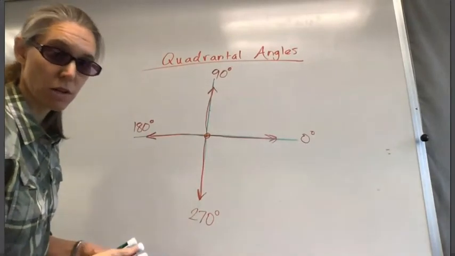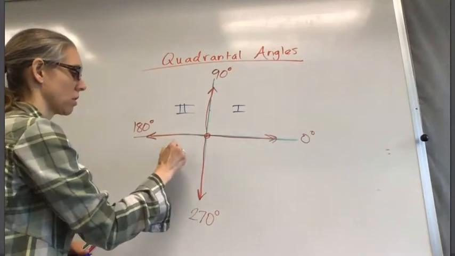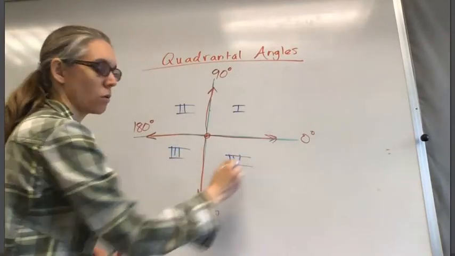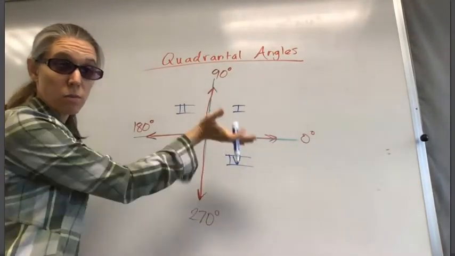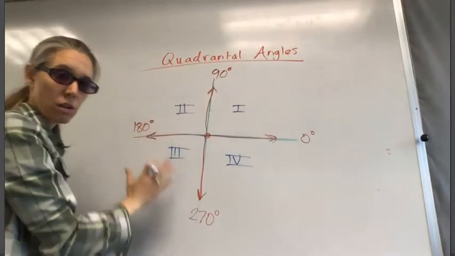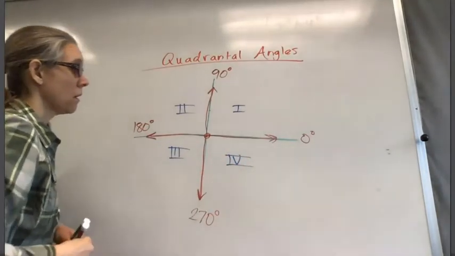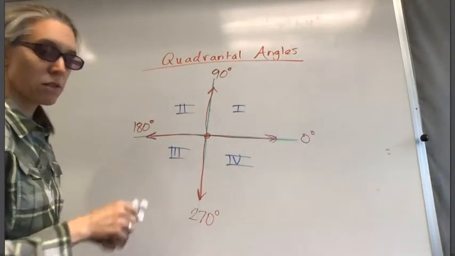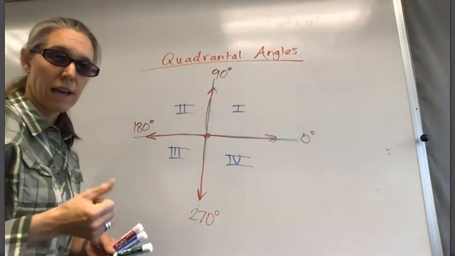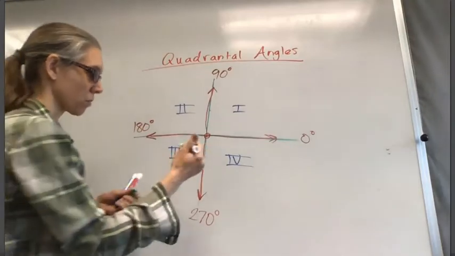Just to remind you of the quadrants, we have quadrant 1, quadrant 2, quadrant 3, and quadrant 4, written using Roman numerals. Starting here in quadrant 1, we work counterclockwise. They are always written using Roman numerals. So the quadrantal angles are special because when we are looking at your values for, let's look at a point right here.